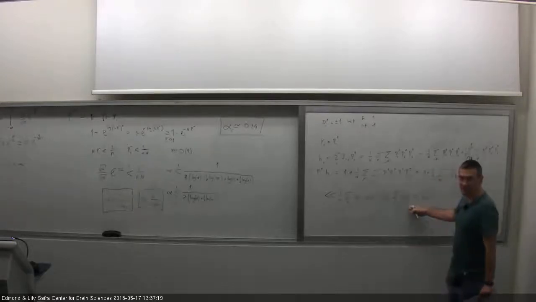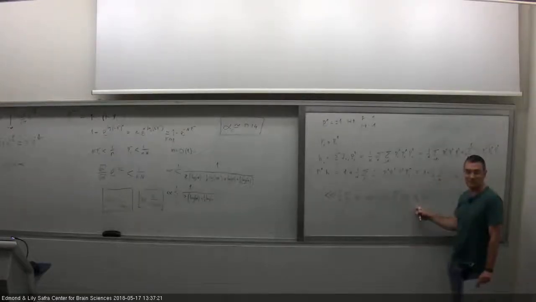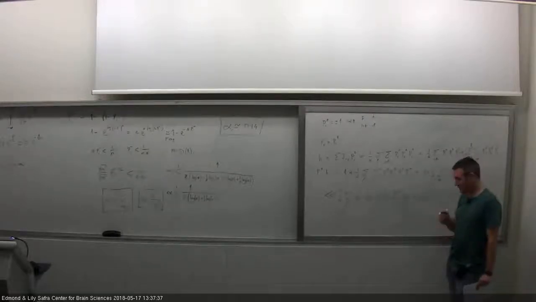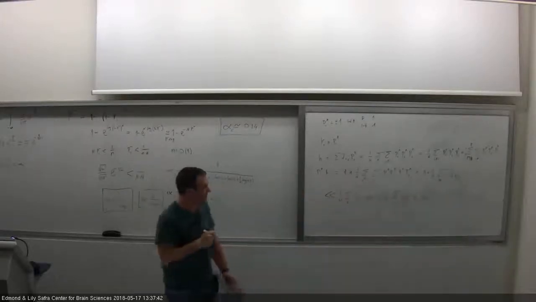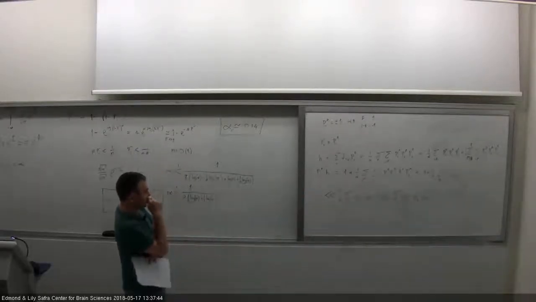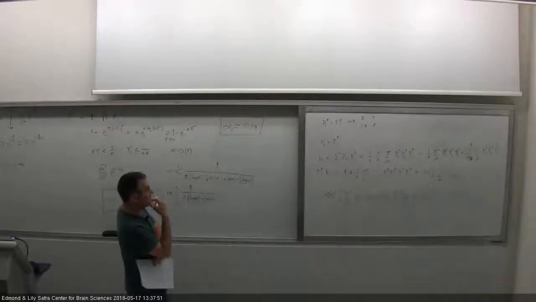Average of zk, as before, is equal to... sorry? Now it's not equal to 0. Okay, now we have a problem because it's not equal to 0.